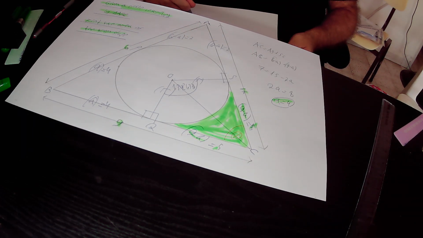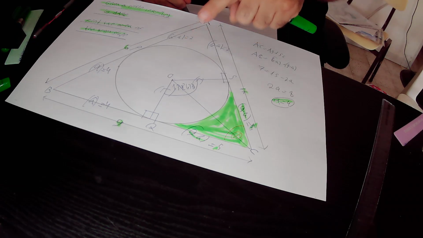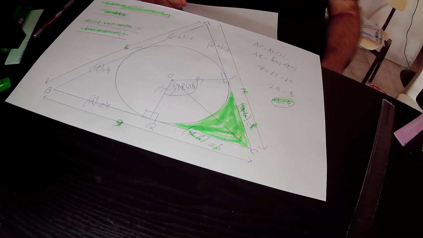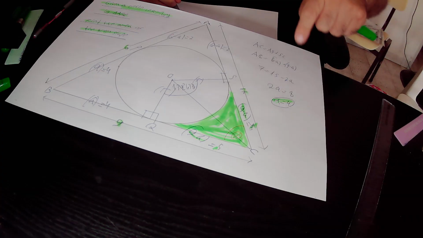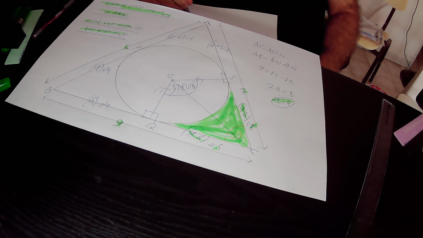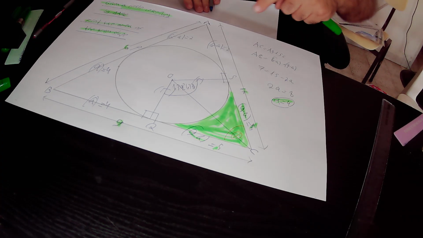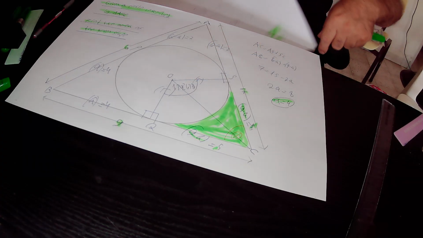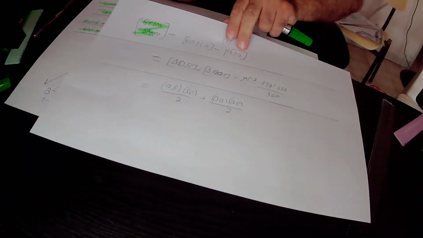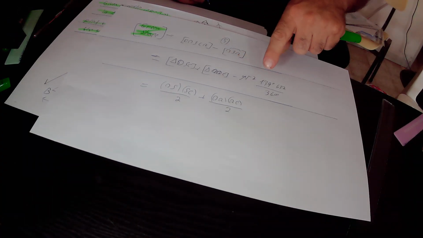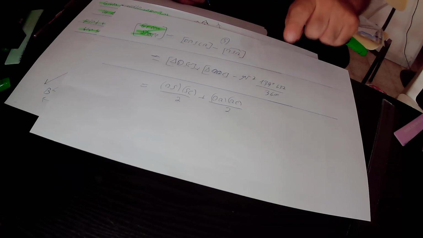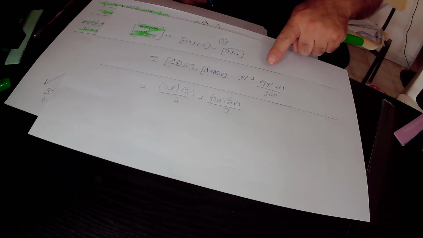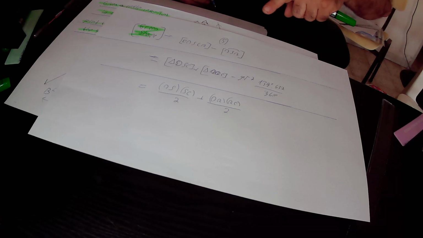The area of the right triangle OQC equals the base OQ times the height QC over 2, minus the area of sector OSQ.